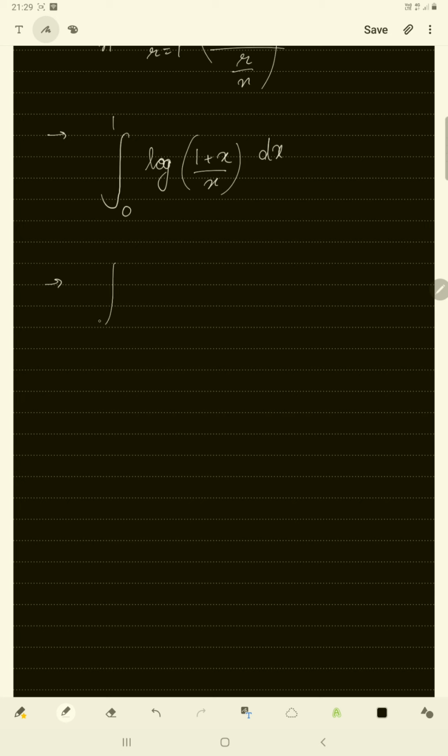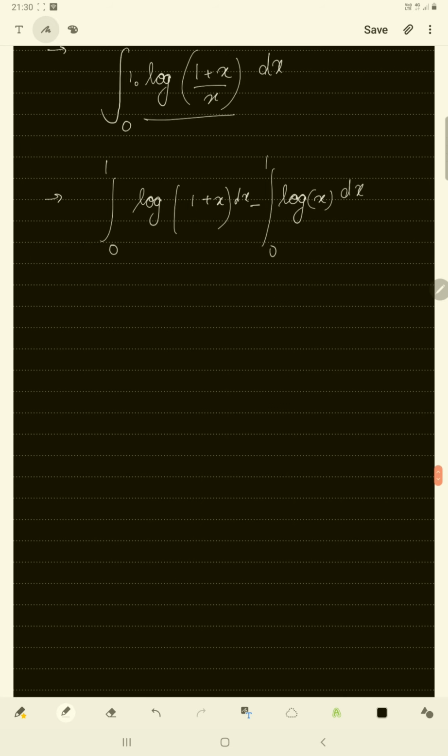Instead of applying by parts over here, I don't prefer by parts here, because we can divide the terms and use the log property, which is like this. So we have converted this into this by using the log property.